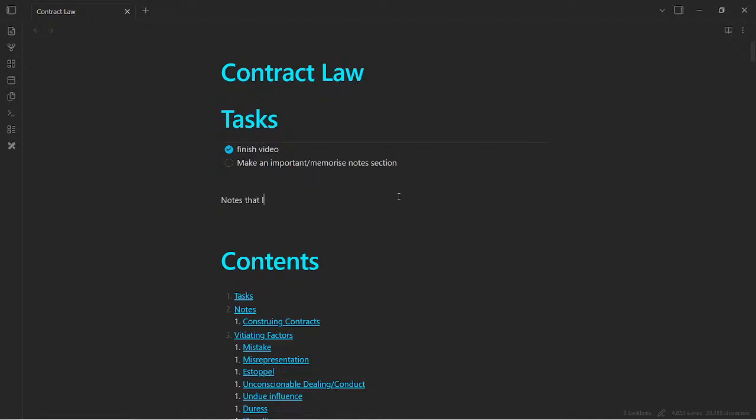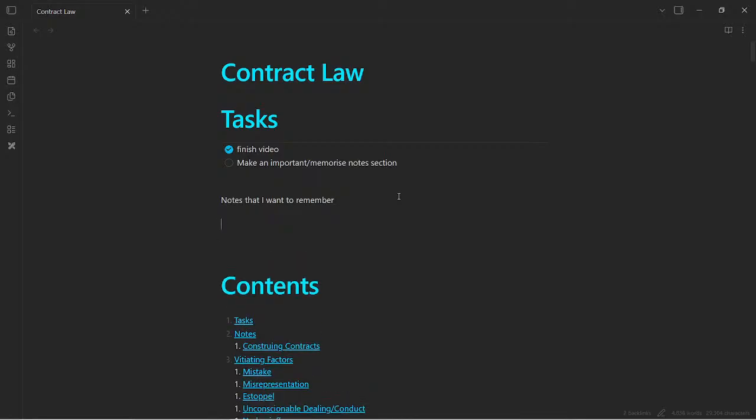I have notes that I want to remember and have in my active memory. But then there's notes that I want to know where to find in order to refresh memory.